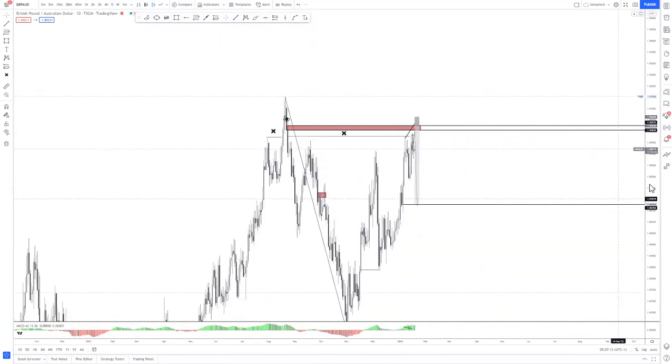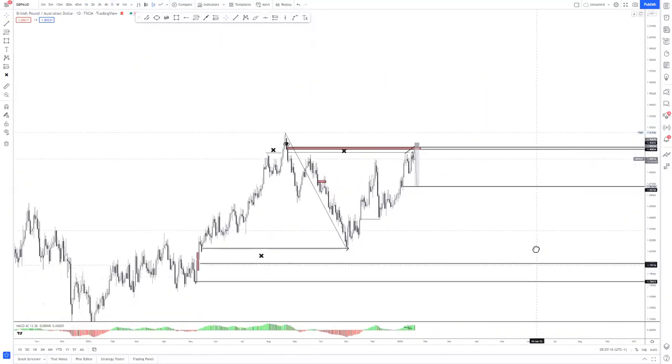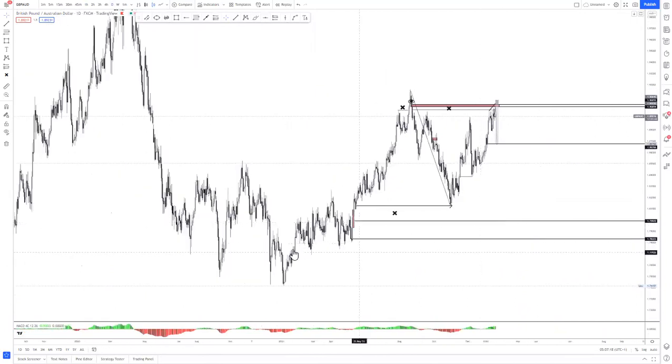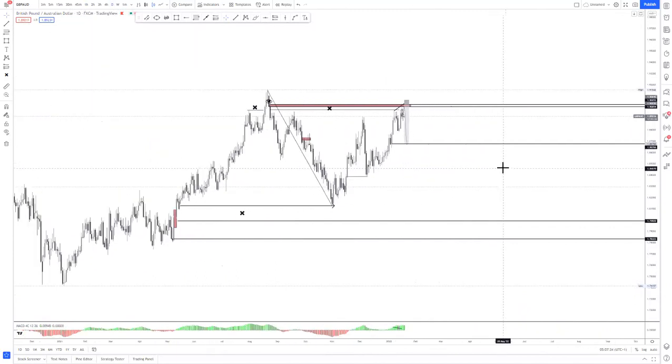So right here we saw that the GBPAUD has actually been in an uptrend. We saw this move, impulsive, corrective, and now we had this drop and back to the upside. This is just like a bigger form of an M from the daily time frame.